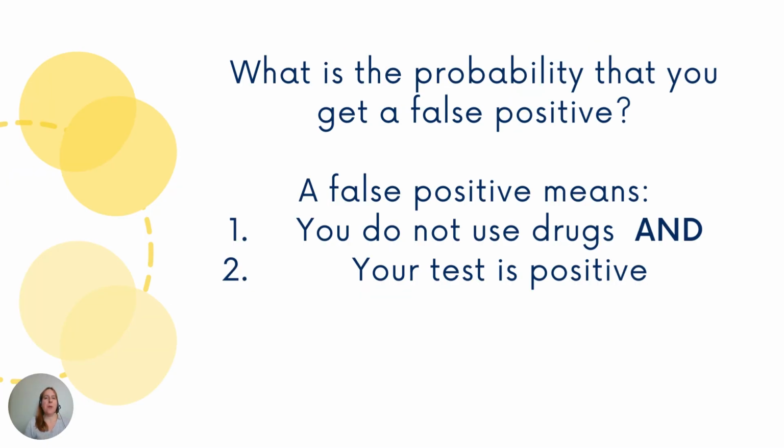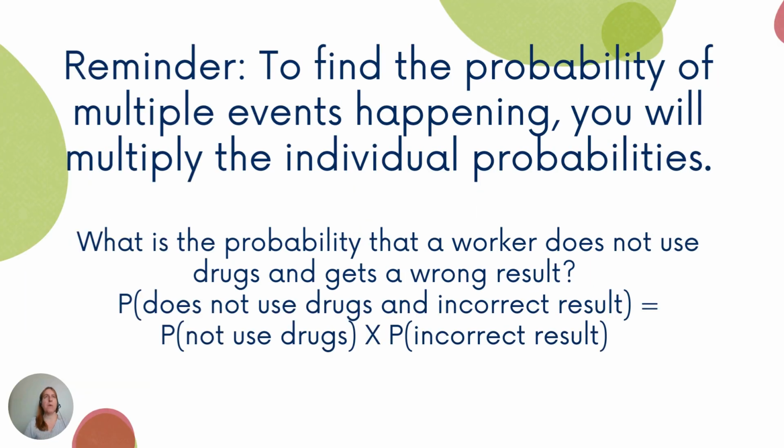So you may now be wondering, what is the probability that you get a false positive? A false positive means that you do not use drugs and you tested positive for the presence of drugs. We would need the probability of both things happening. Remember, to find the probability of multiple events happening, you will multiply the individual probabilities.